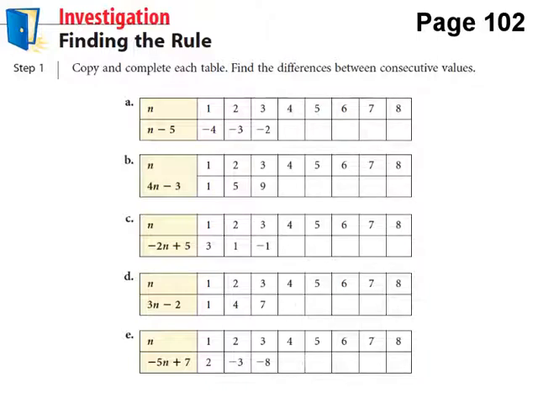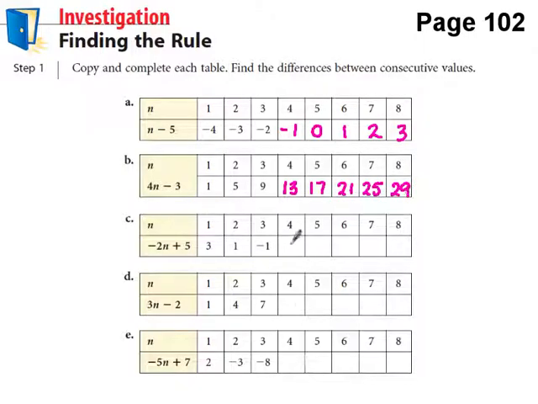All right, so let's go through. What do we get for our answers up here? Negative 1, 0, 1, 2, 3. Okay, what about here? 13, 17, 21, 25, 29.